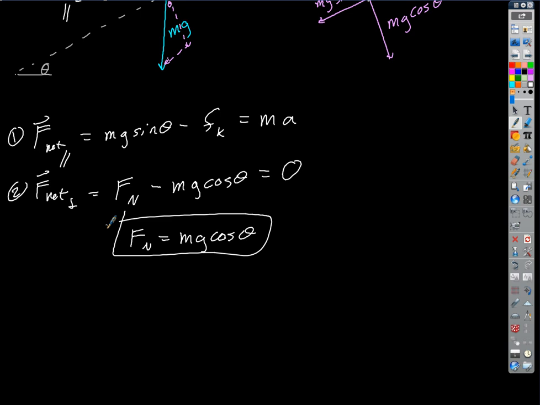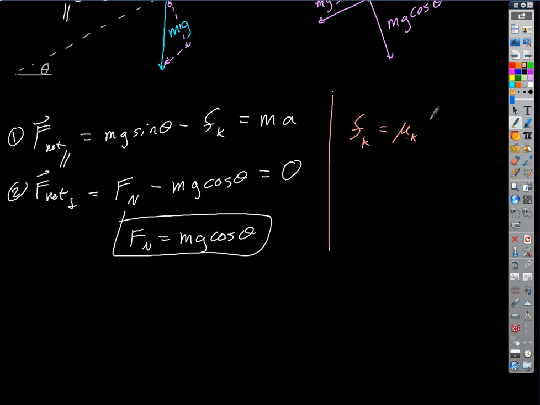So then what about this first one? We're trying to solve for a, aren't we? What's our model for a kinetic frictional force? Frictional force equals the coefficient of friction, mu sub k, the kinetic coefficient of friction, times the normal force.